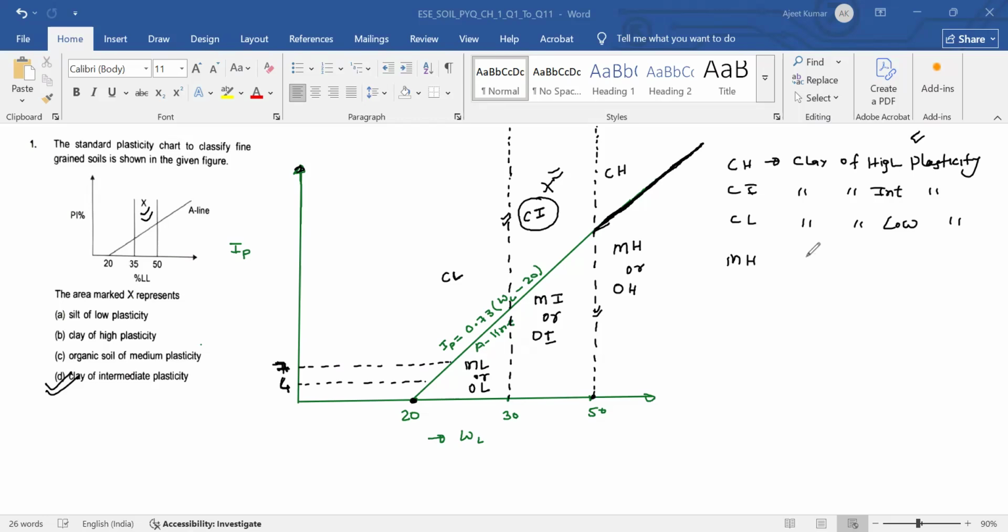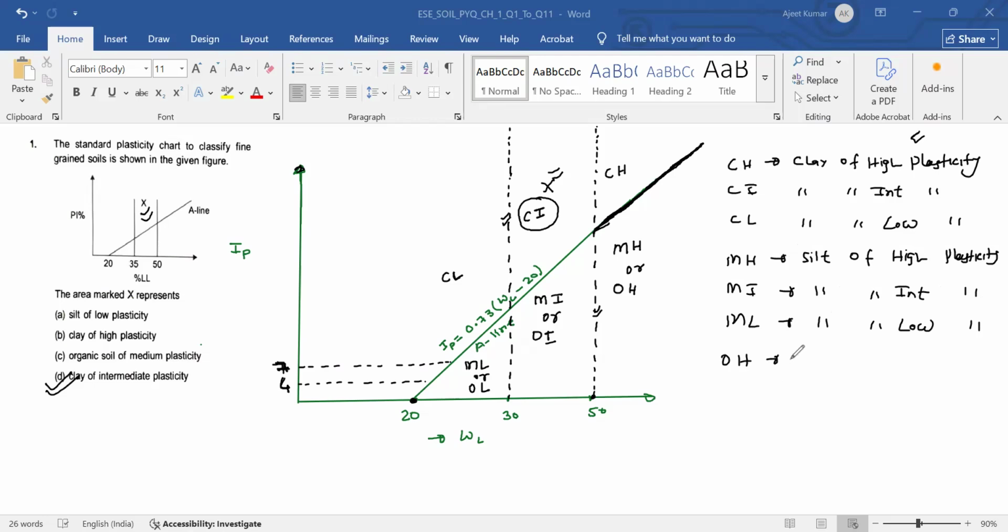MH is silt of high plasticity. MI is silt of intermediate plasticity, ML is silt of low plasticity.